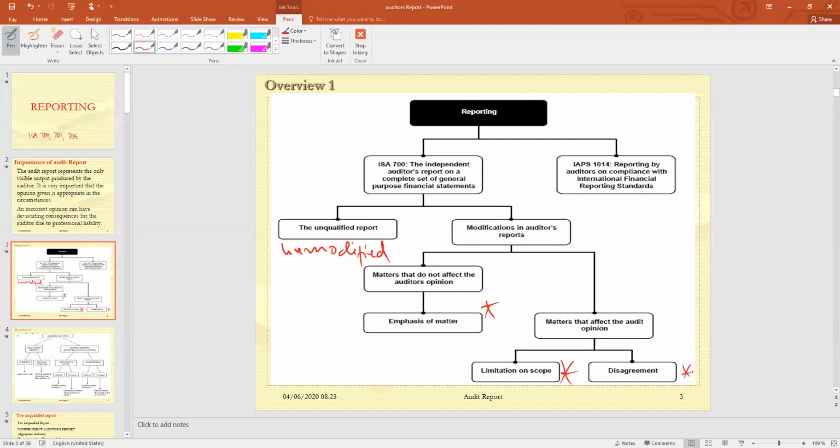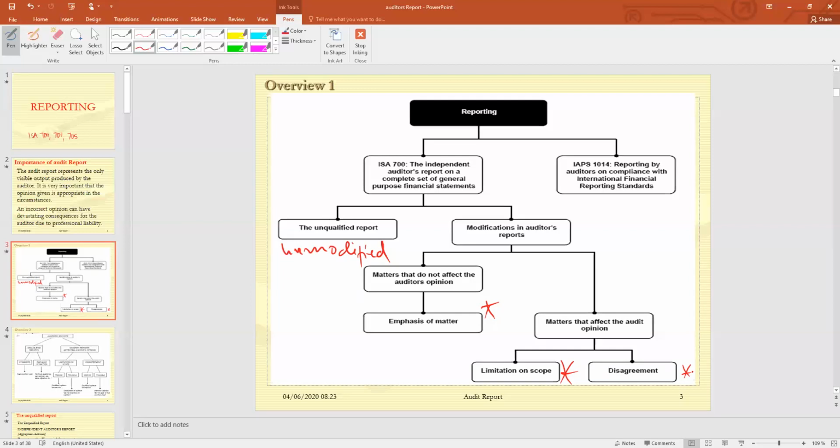If we refer back to the point of engagement, always remember the engagement letter. If the client is appointing you, and even before you accept the engagement, you can foresee that you will end up modifying the opinion, maybe because you didn't have enough time.